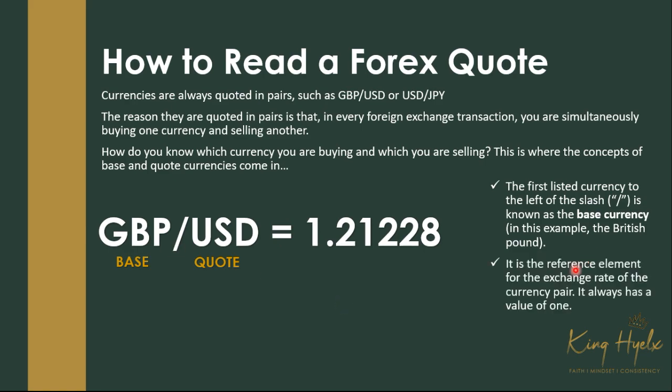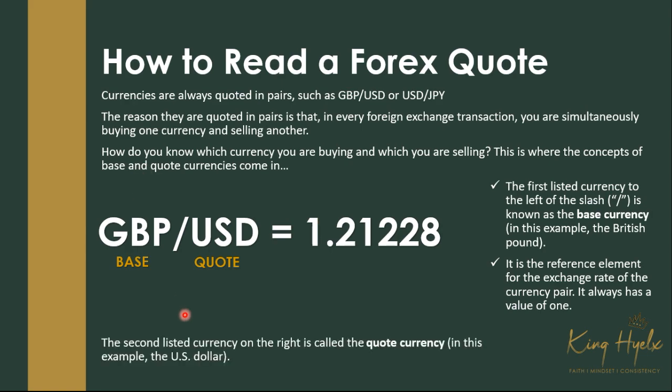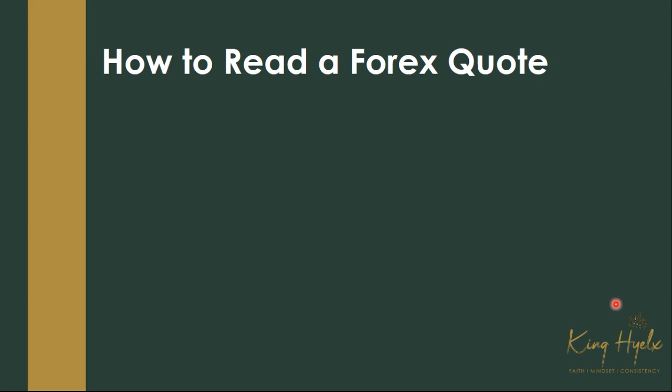It's the reference element for the exchange rate of the currency pair. It always has a value of 1. Now this is not the 1 here, it just always has a value of 1. While the second listed currency on the right is called the quote currency, right? Quote currency.